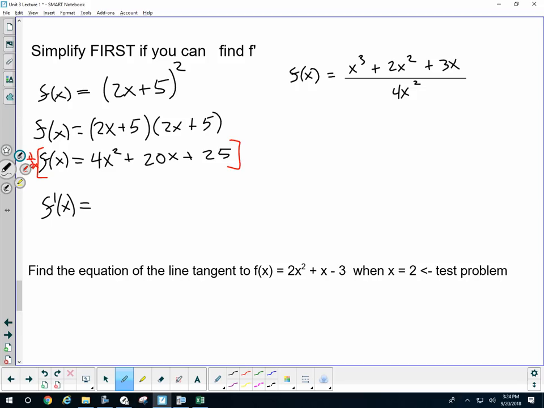All right, so we get 8x plus 20. That's simple. Plus 0, but again, you don't have to put the plus 0, but it's good for now to know that the derivative of 25 is 0.